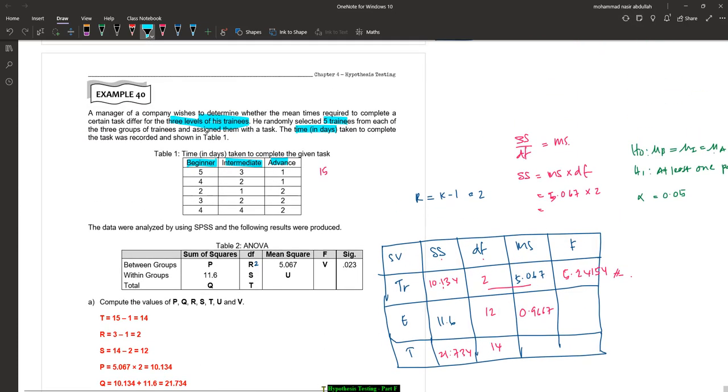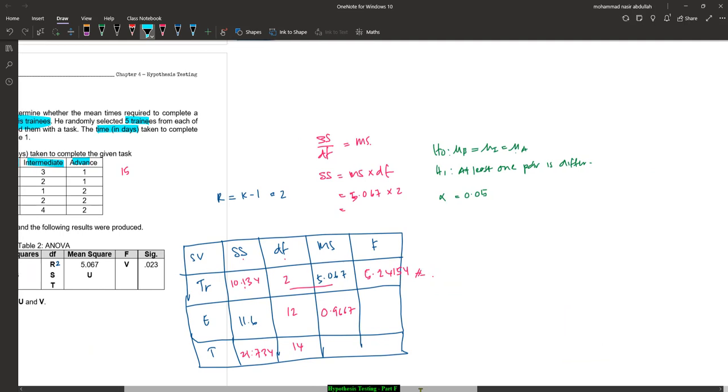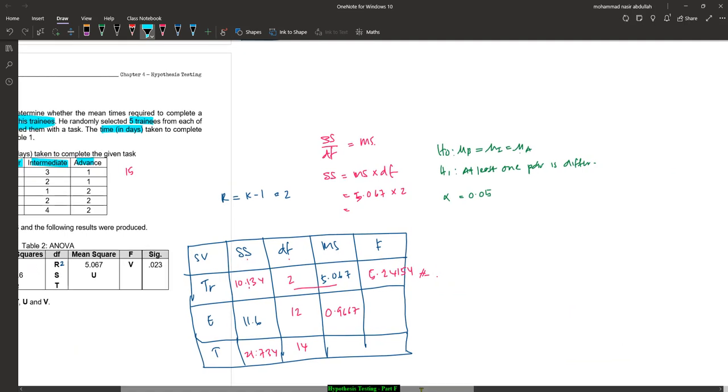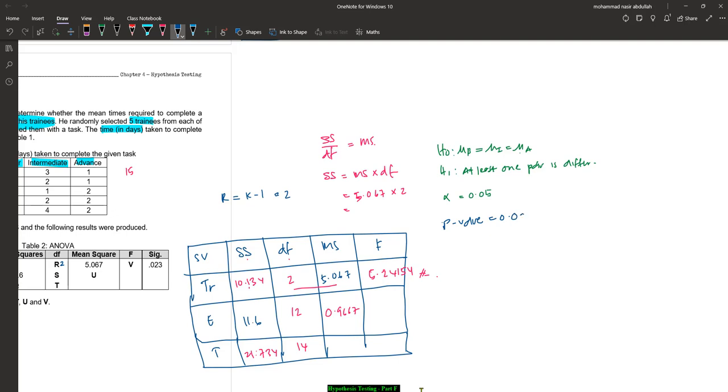So dekat sini dia bagi p value is 0.0223. So the p value equal to 0.023. And then decision rule.